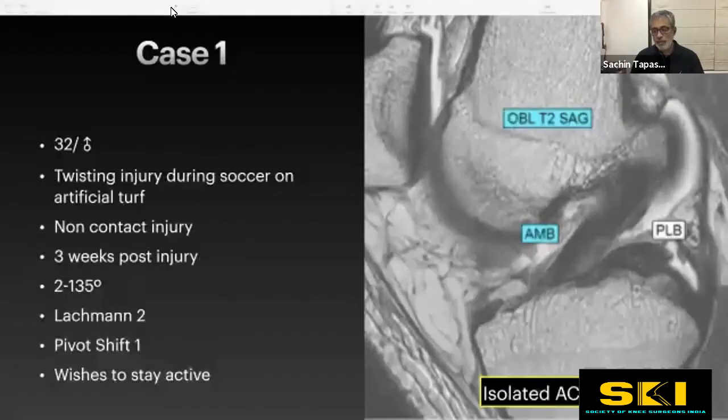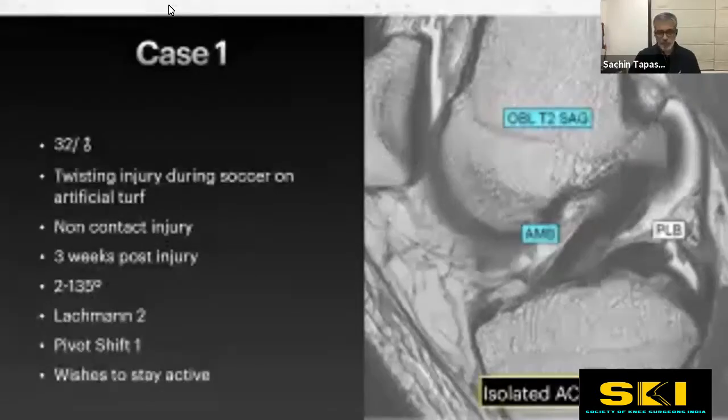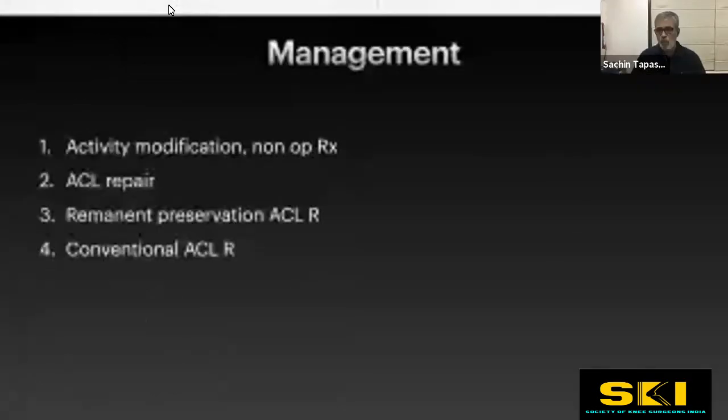So we have this MRI scan picture here for you, which is an oblique T2 sag image, which shows the entirety of the ACL. And one can see that this ACL is injured at its proximal insertion. So the question here that we want to ask the panel is, what would be your preferred treatment in this particular individual? Would you want to just modify his activities, do non-surgical treatment?